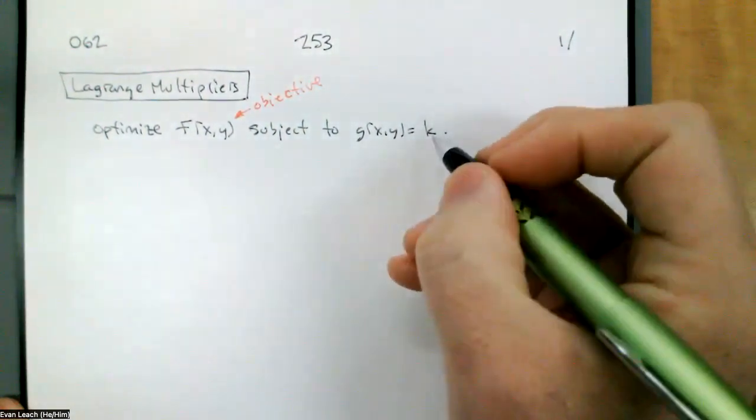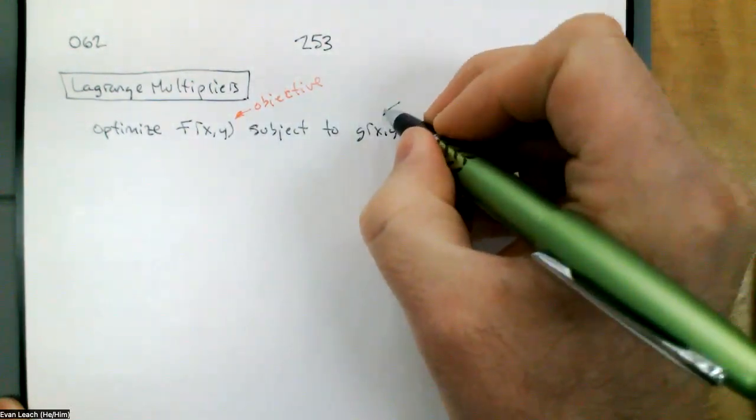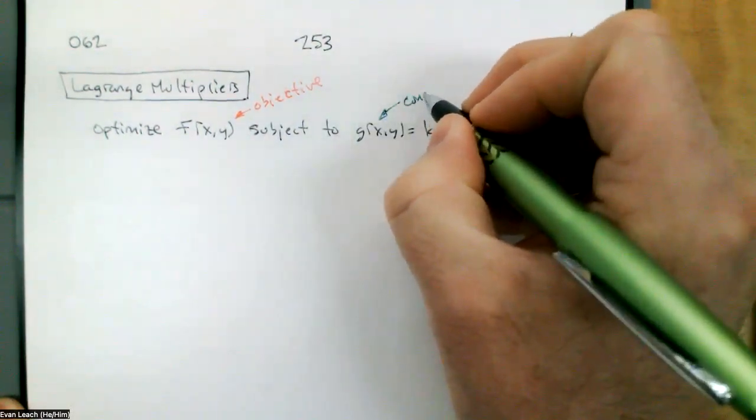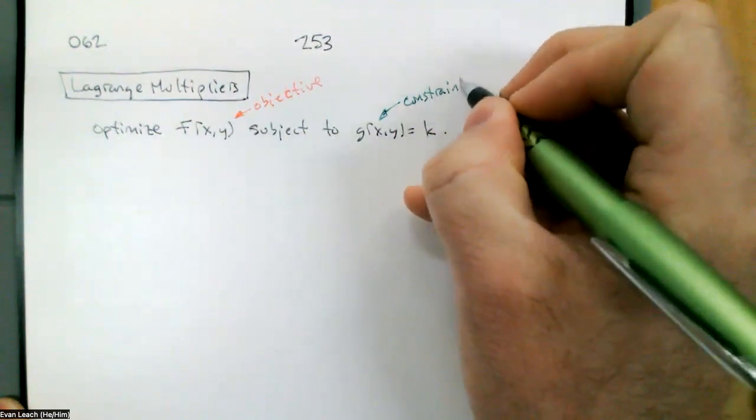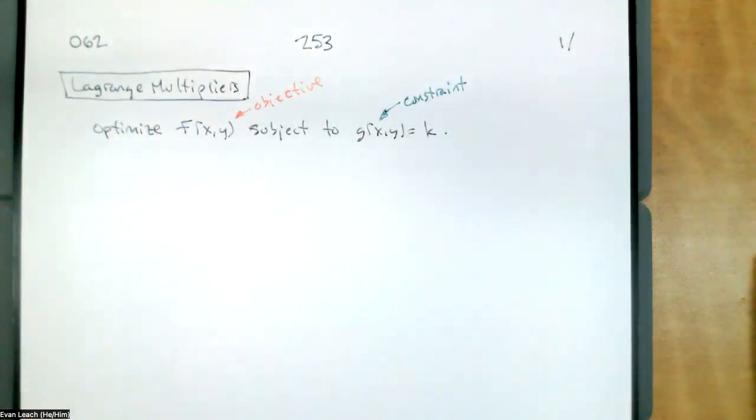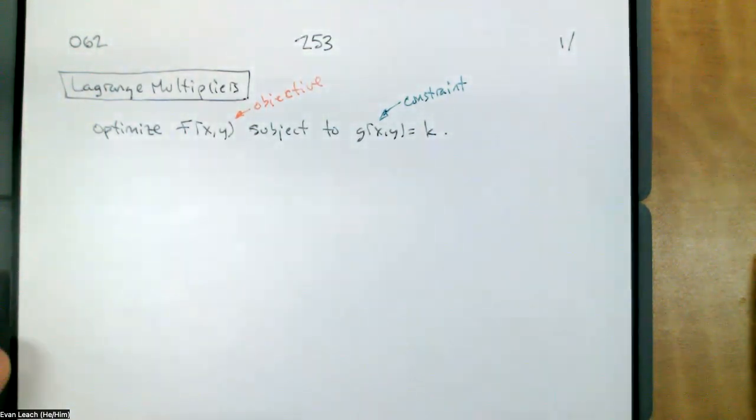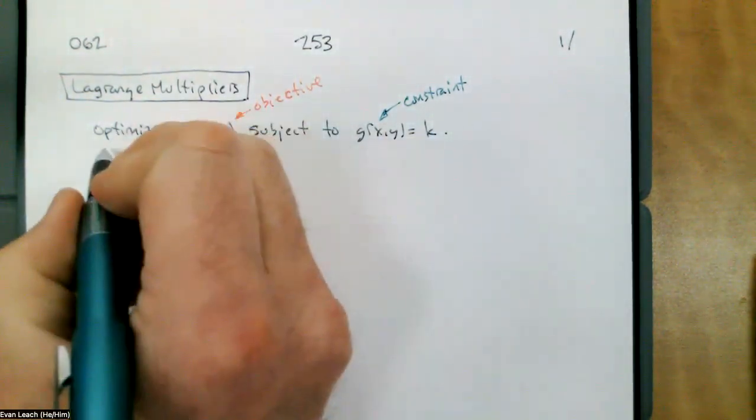And in this case, the g of x, y equals k. This is a constraint. When we talk about optimizing a function, we want to find a maximum or minimum, but we needed one word for that.